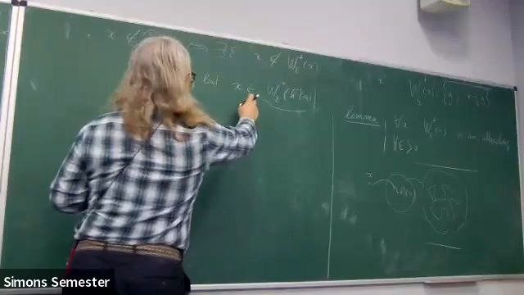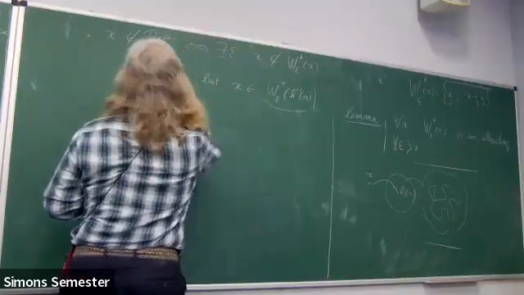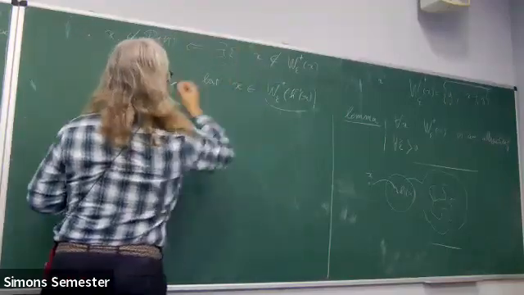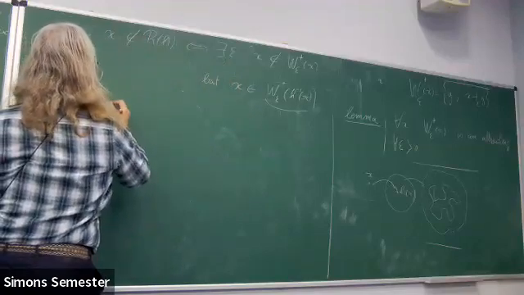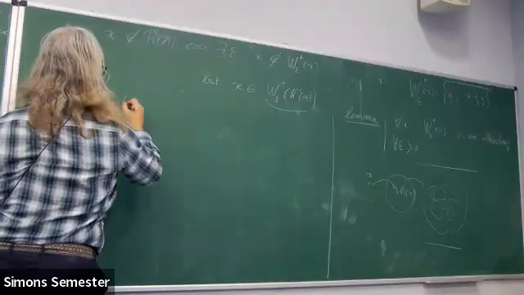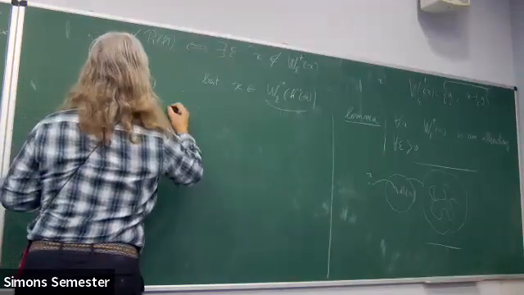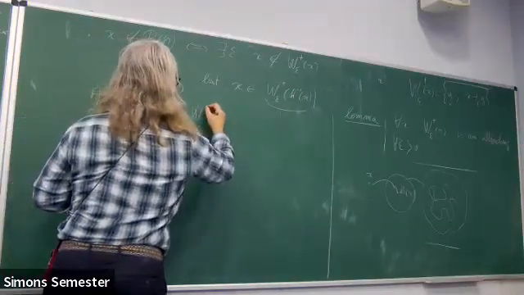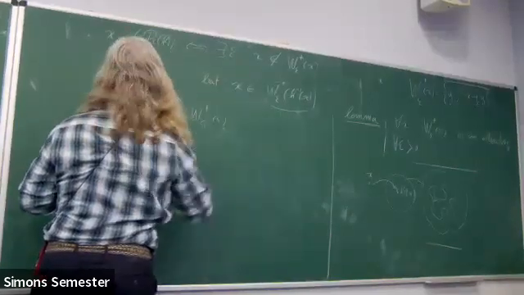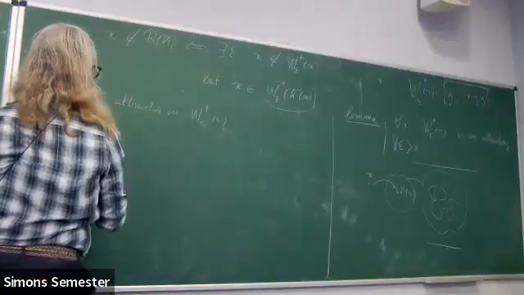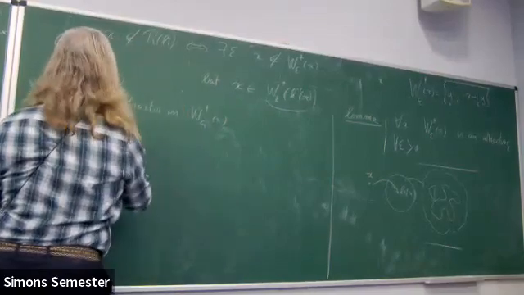So let's say A, the attractor in the epsilon neighborhood of X, and R, the corresponding repeller.